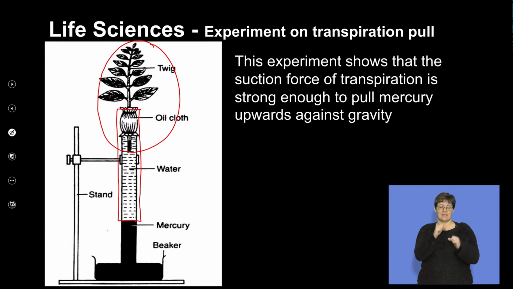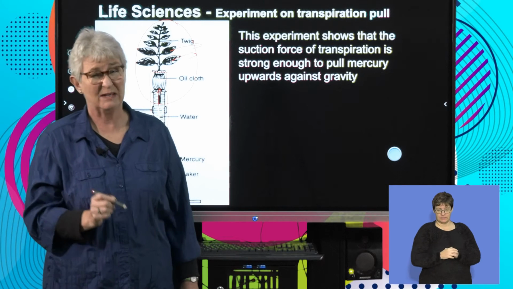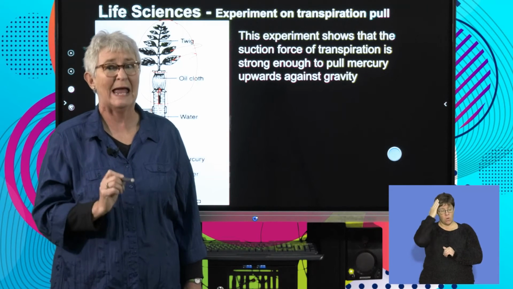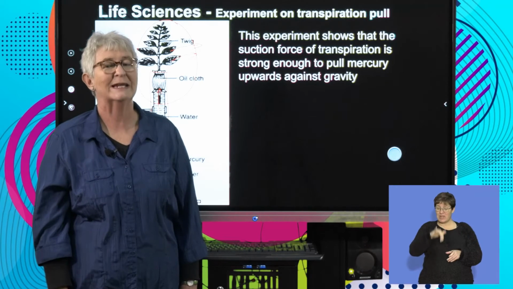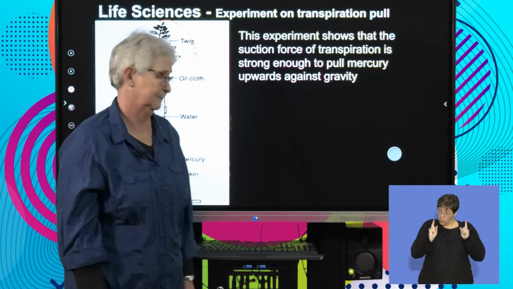No air can get in, so that as the twig loses water, the water is sucked up the tube, and the mercury is then sucked up the tube as well. And you know that mercury is pretty heavy, so to be able to suck up mercury, that suction force of transpiration is actually quite strong.